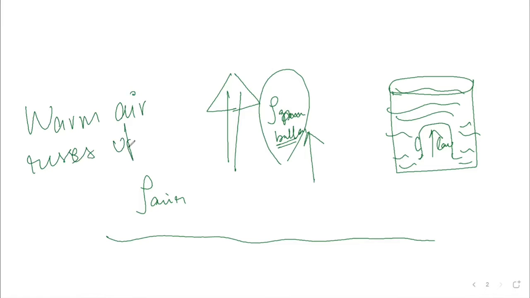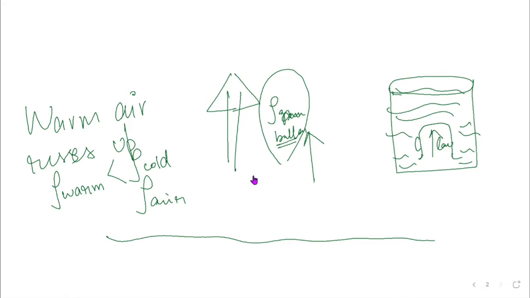Why? Because the density of warm air is lesser than the density of colder air. Am I making sense? Yes. So these are the sort of real life examples of Charles law.